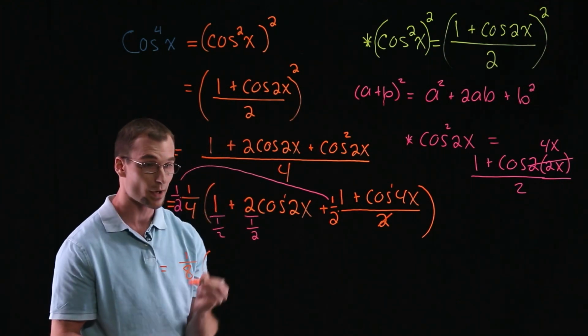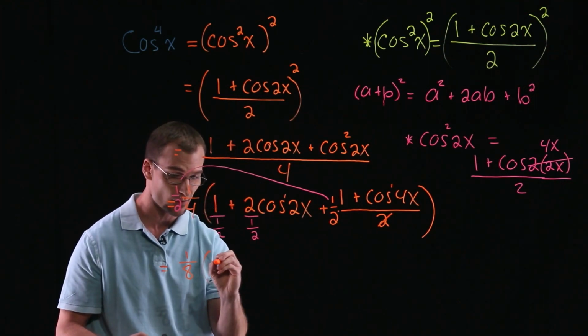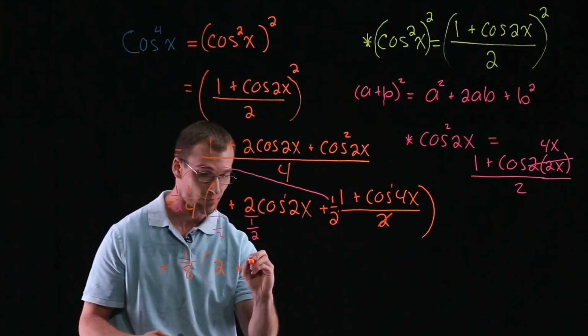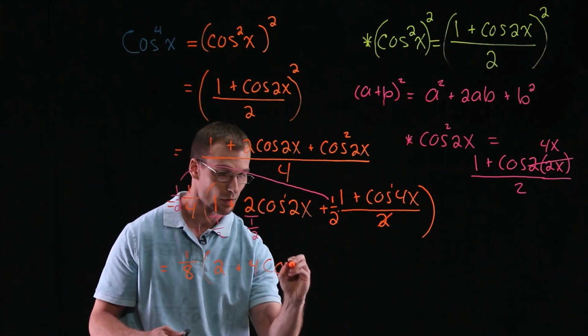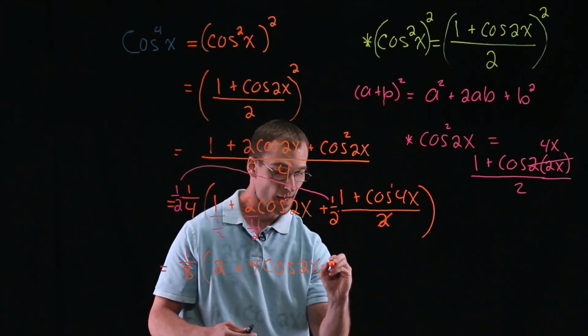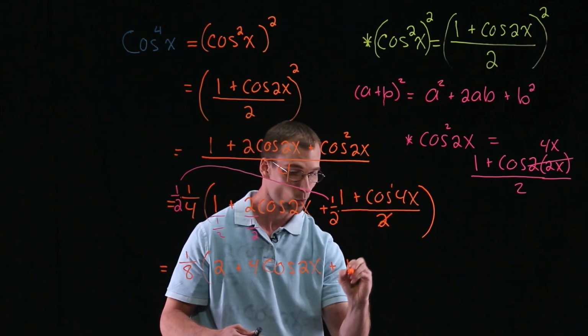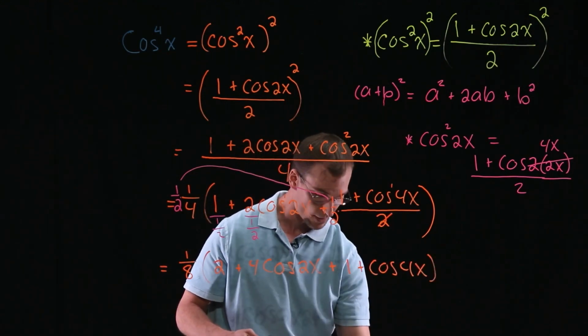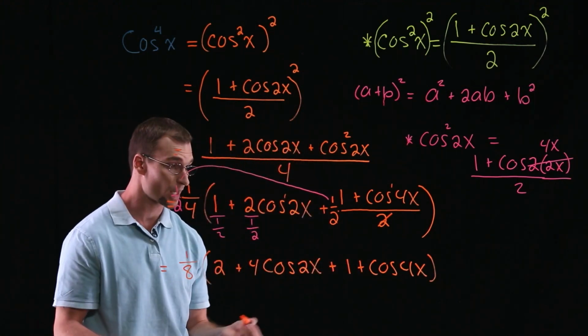And working along, 1 divided by 1/2 is 2, plus 2 divided by 1/2 is 4 times cosine 2x, and plus just the quantity 1 plus cosine of 4x. Okay, and we're about there.